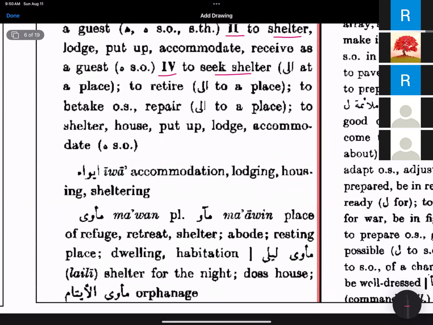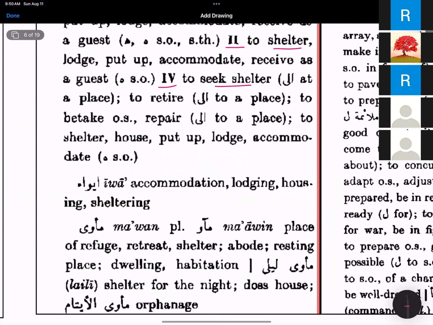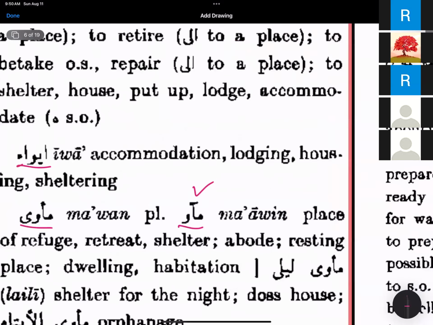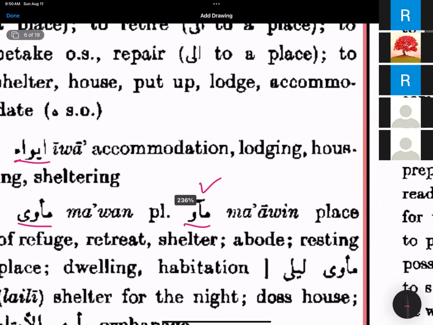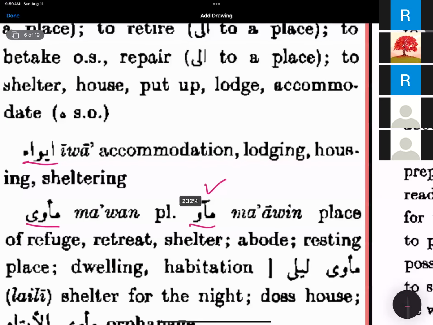And then iwaun, this is also masdar. Iwaun is the accommodation, lodging, sheltering. And ma'wa in Quran Pak we will see a lot, right? So ma'wa, the plural is less letters, right? I cannot read whether it is ma'un or what is that? I think ma'un, right?